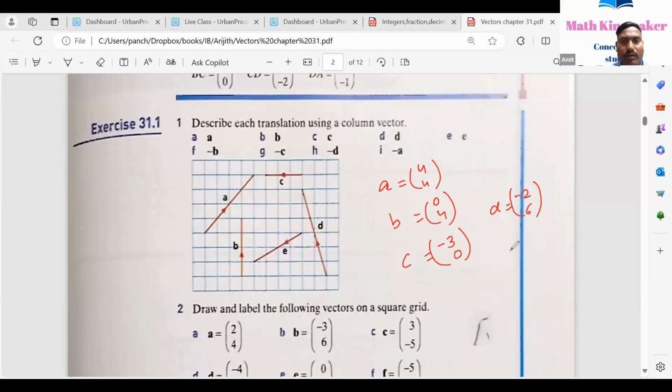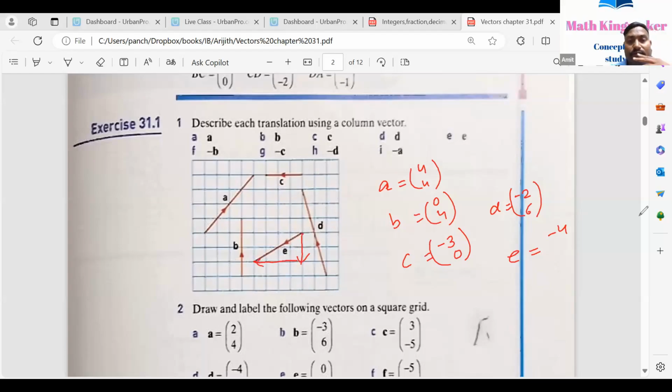And for E? So -4, plus 2. Is it +2? It is going downward here.